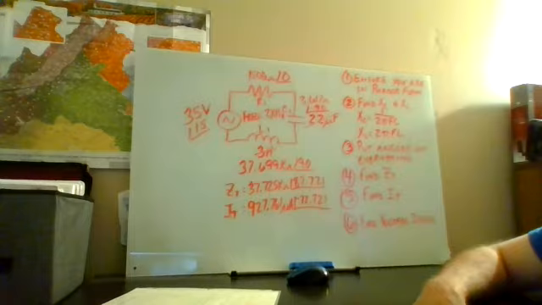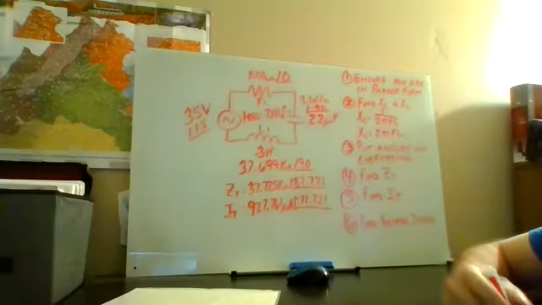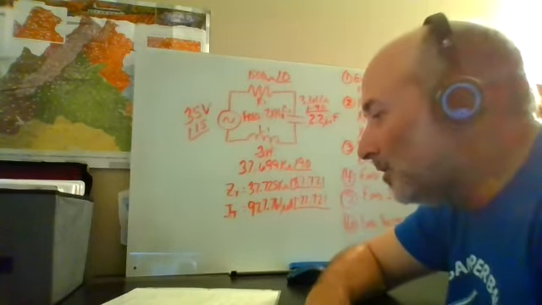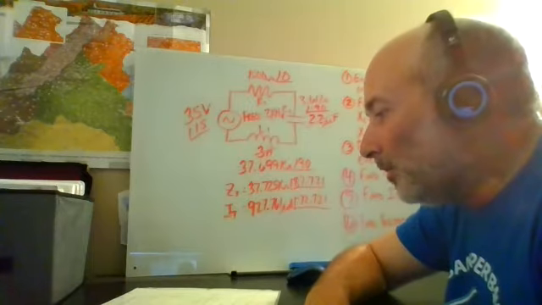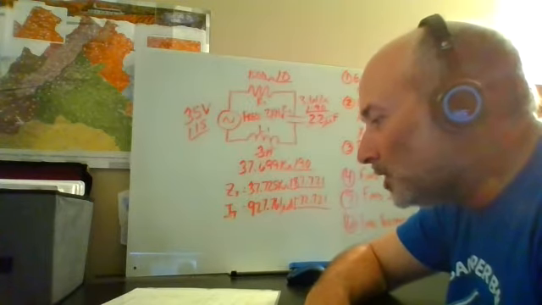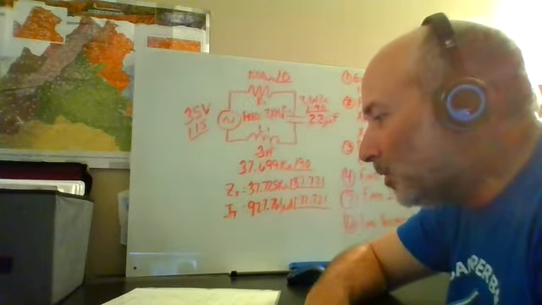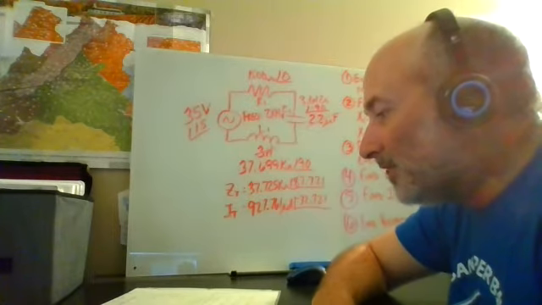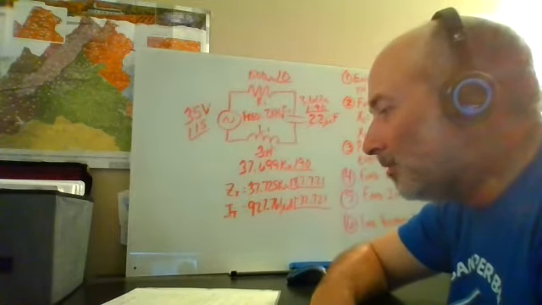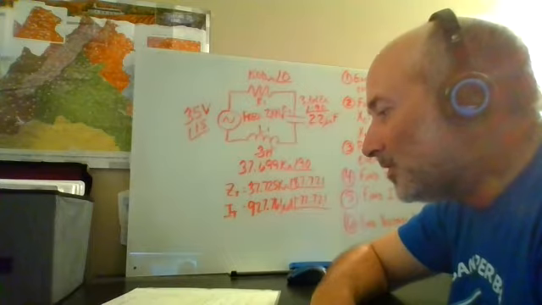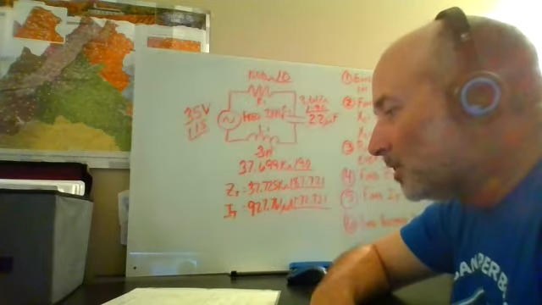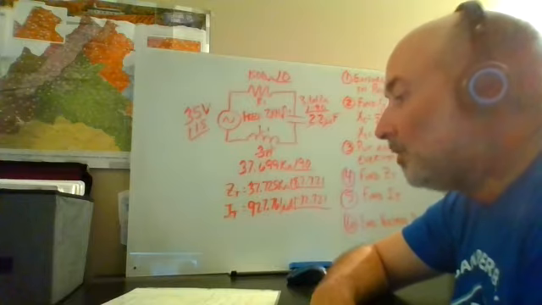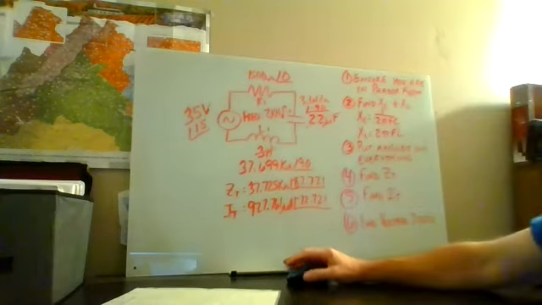We've already went over them, so I'm not going to write them on the board, but I will say them. VR1 was 1.392 volts at an angle of negative 72.721. VC1 was 3.356 millivolts at an angle of negative 162.721. And VL1 was 34.976 volts at an angle of 17.279.